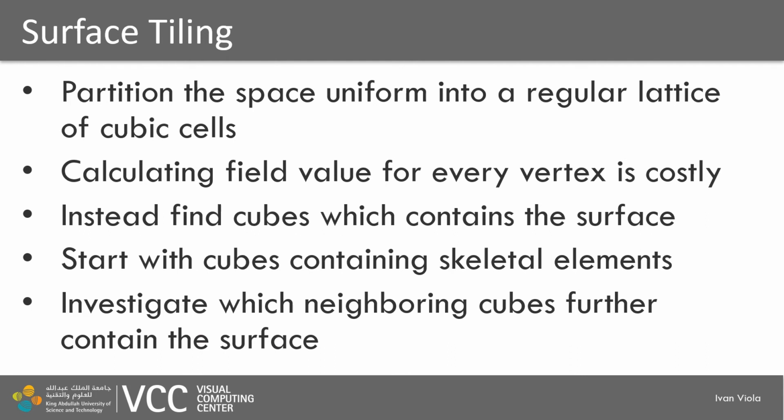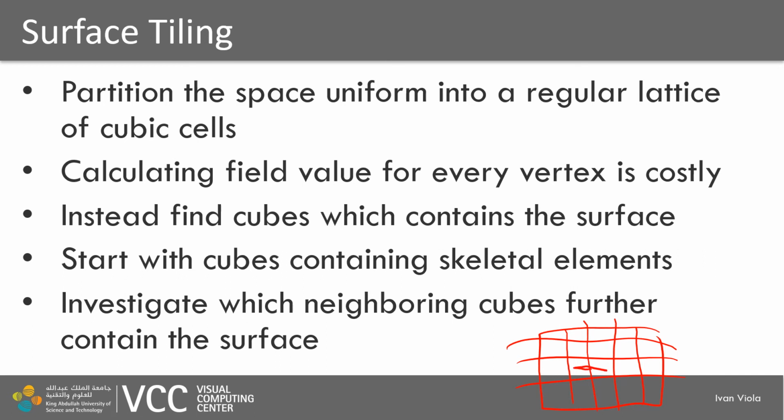For our grid representation, we can also do the following. We can find out which of our grid voxels are containing the implicit surface. And we can use this both for direct rendering of implicit representations, as well as for the polygonization, which we will explain as the next approach. So imagine that we partition the space into a grid, and then we will have some skeletal elements.